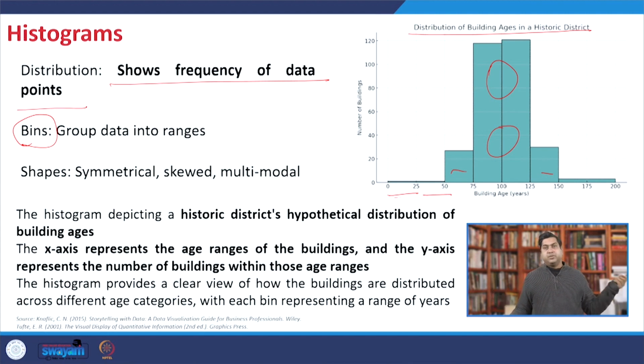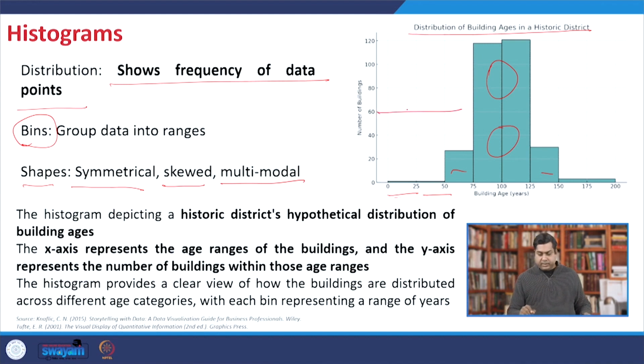Last class we also discussed about the ages, like less than 20 years, or 20 to 40 years, 40 to 60 years. So, like that we can decide those kinds of ranges. Then the shapes may be symmetrical or skewed or multimodal. That we also discussed whenever you go for descriptive statistics.